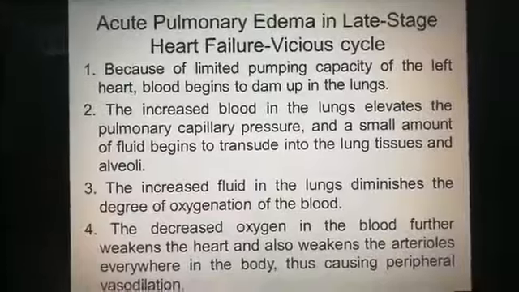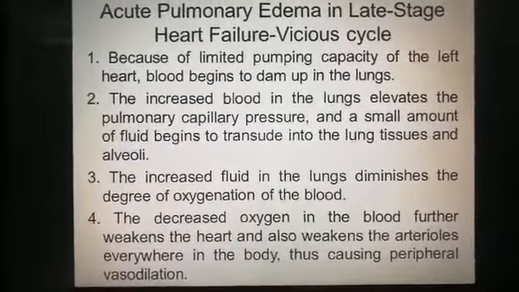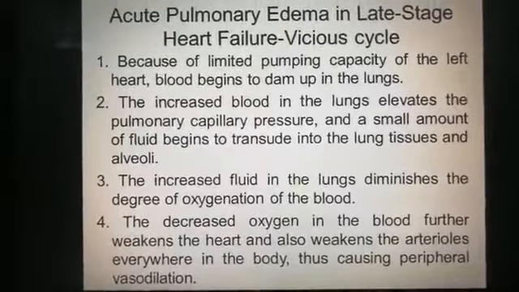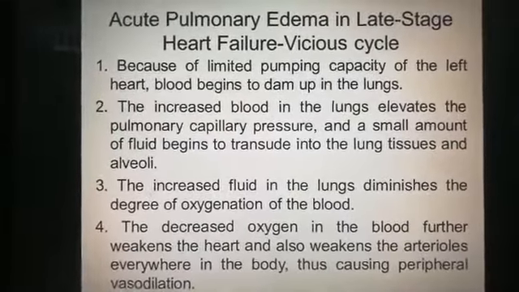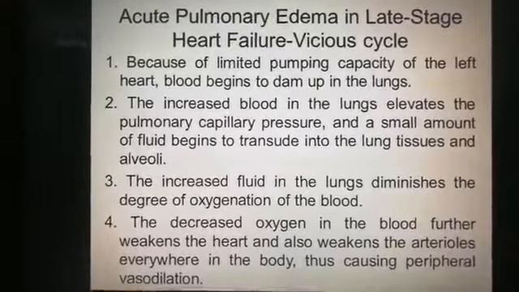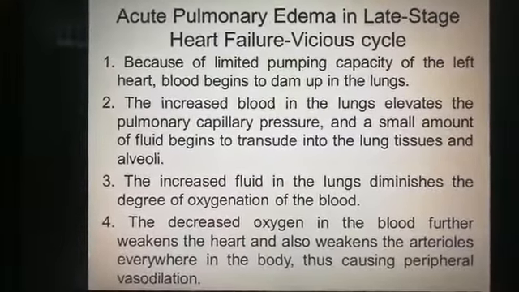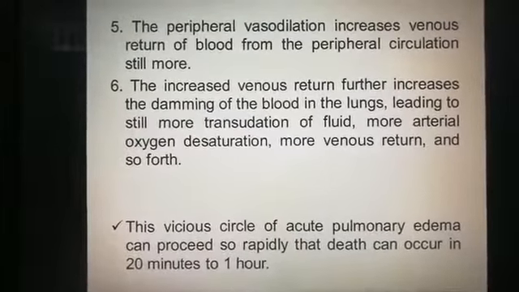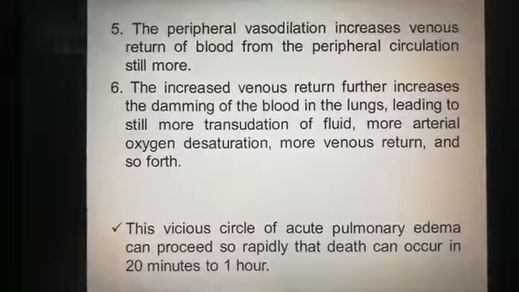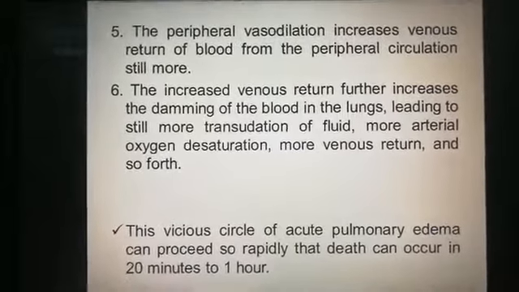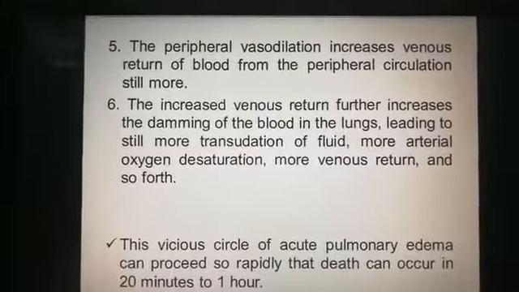Okay, so the story starts from the left heart failure and the damming of blood in the lungs, and at the last there is an increased venous return, but the blood doesn't go from lungs to the left heart because the left heart has failed.